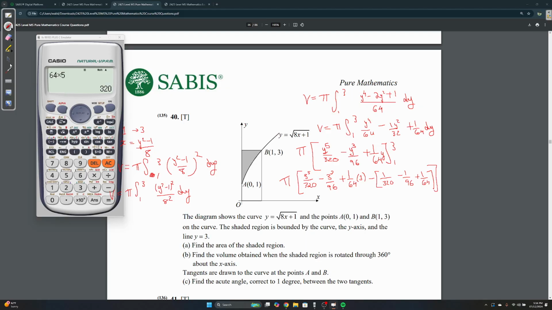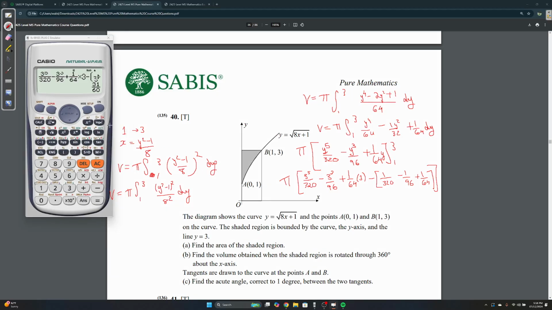Okay, so let's do this on a calculator. Let me cut to when I got it already. Okay, so I got 31 over 60. So the volume is going to be equal to 31 over 60 pi.